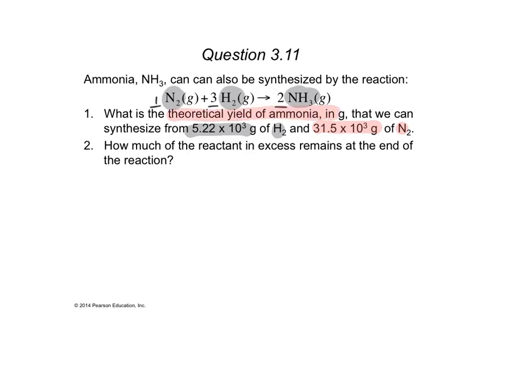So that's part A. And then part B, or number 2, they actually want to know how much of the excess reagent is left after the reaction is complete, after you've run out of your limiting reagent, okay? So number 1 essentially follows the same line that we were doing in the previous problem, but number 2 is going to throw a little bit of a wrench at you, so make sure you think about it and then try to answer it and then come back for the answer. So if you're going to pause it now, I would pause it now.